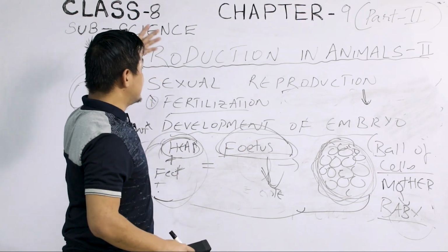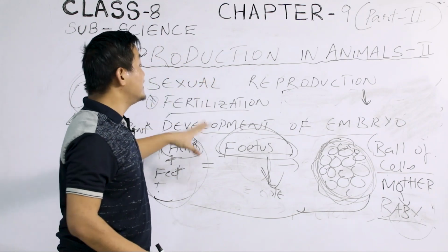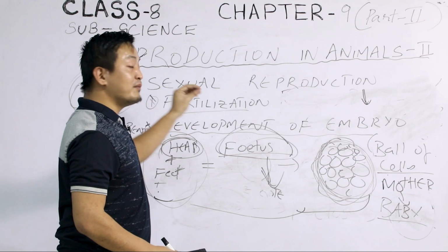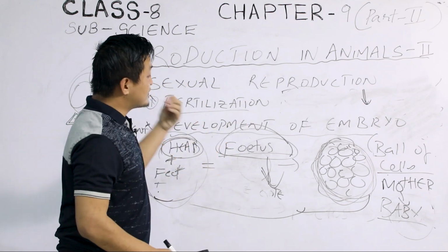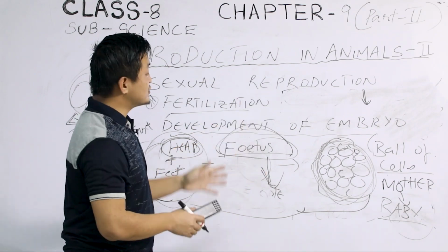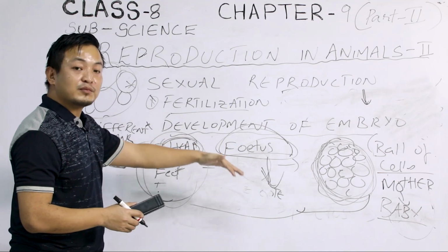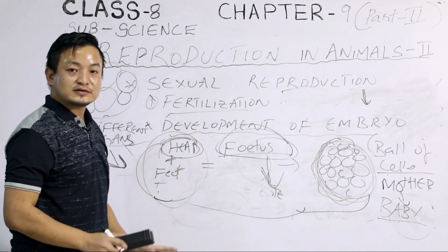So see, in human, first the fertilization takes place, right? Then fusion of male and female gametes. Then we get zygote, right? From zygote, it will form a group of cells, right? So these are all the processes of development of the embryo, okay? Embryo means developing into human body parts, clear?